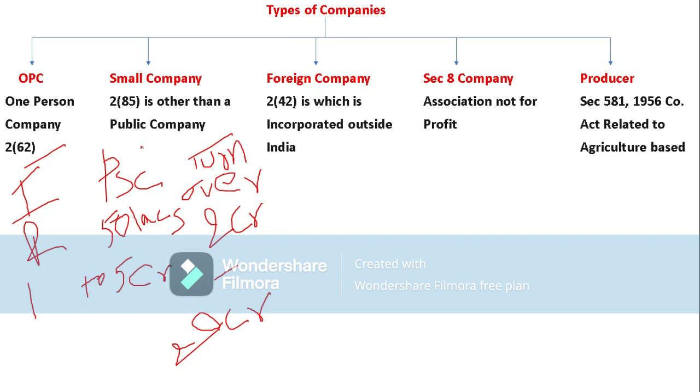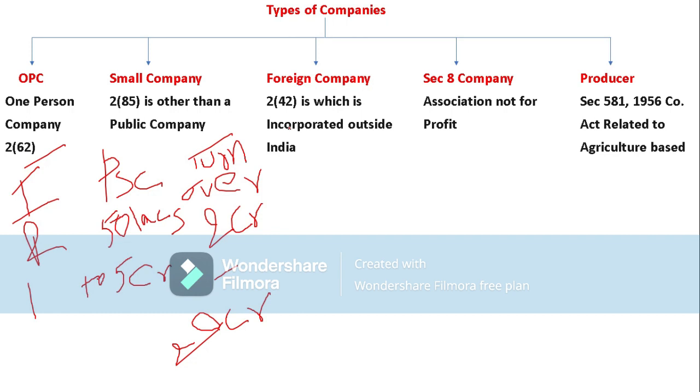Or else the Indian citizen having both equity and preferential shares, then this foreign company will become an Indian company according to section 9 of the Companies Act. Okay. So actually foreign company means which is incorporated outside India and at the same time which has a place of business in India, whether by itself or through an agent physically or through electronic mode, and conducts any business activity in India in any other manner.